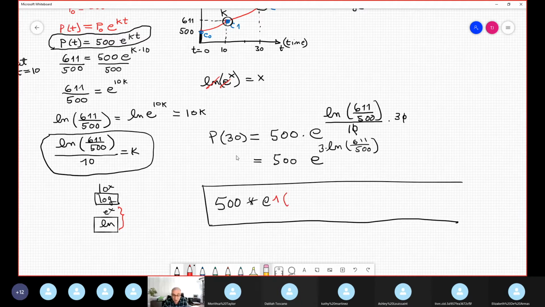Inside you put LN of 611 divided by 500. Okay, 611 divided by 500. And you close the parenthesis to indicate we finished the logarithmic part.